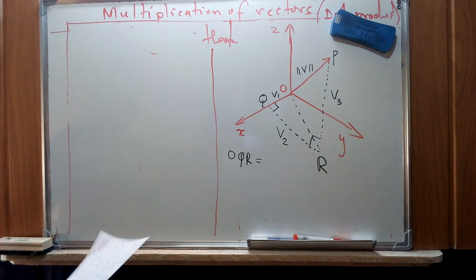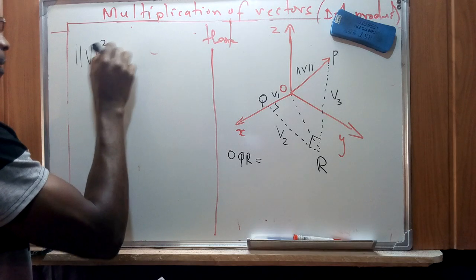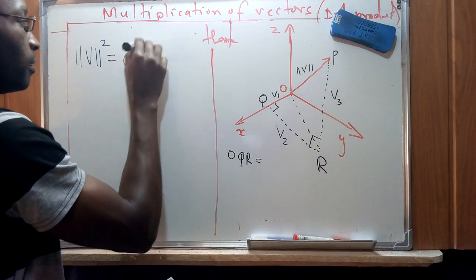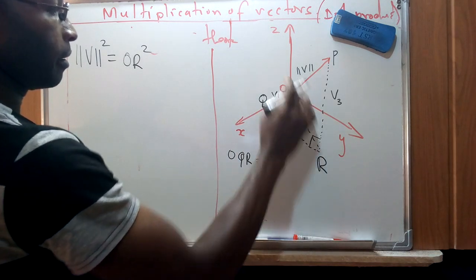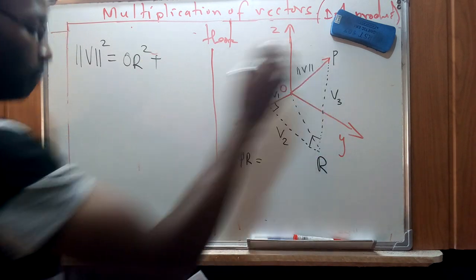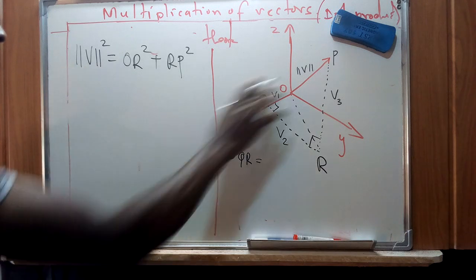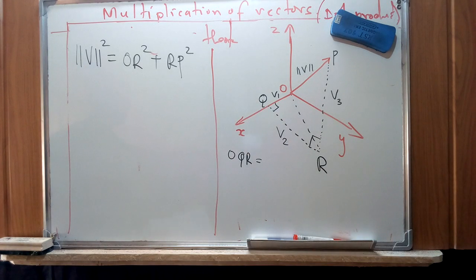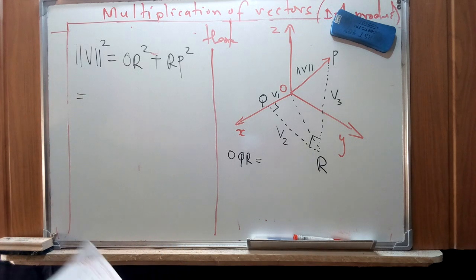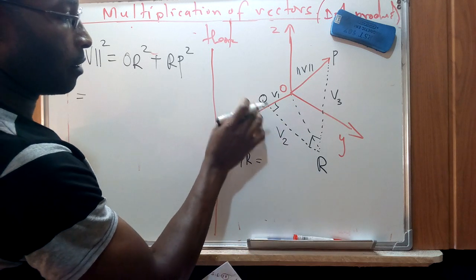So using Pythagoras theorem, we can indicate that this component squared is the same as OR squared, which is the base for triangle ORP, plus RP squared. So we have described this particular norm using Pythagoras theorem. We can still expand this. For us to find OR, it's the square root of OQ squared plus QR squared.